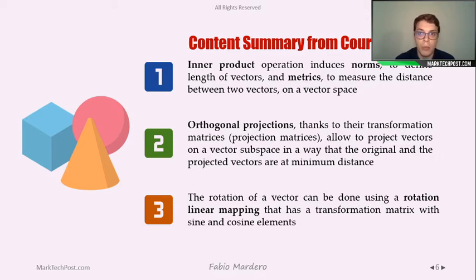Thanks to the inner product, we are able to define and construct orthogonal projections. So we take a vector and we can project it in an orthogonal way onto a subspace, thanks again to the inner product definition. Finally, we studied how rotation can be represented in a linear vector space.